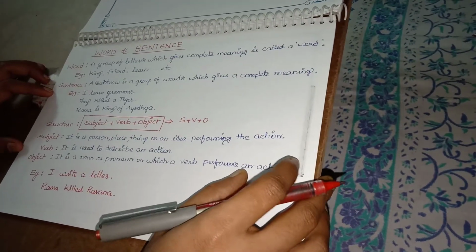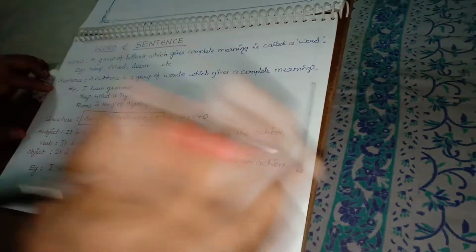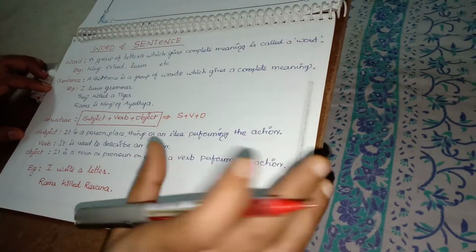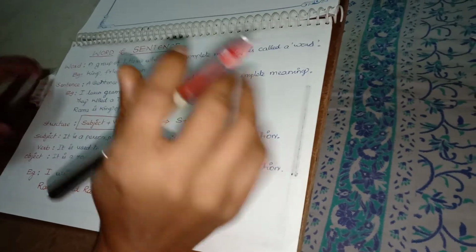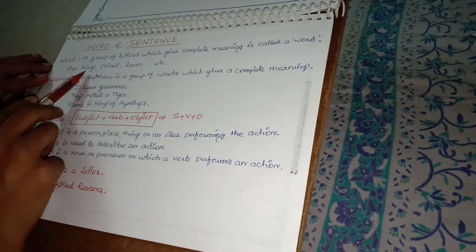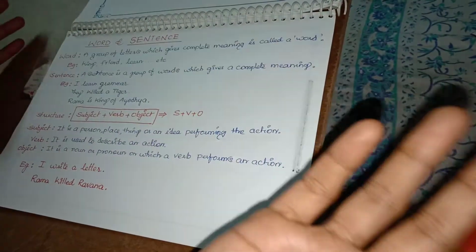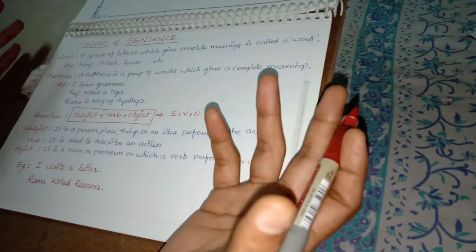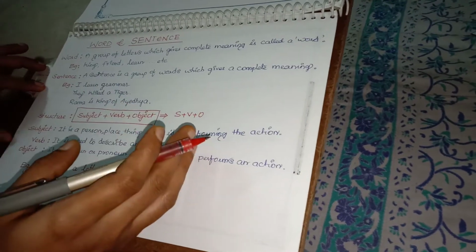So many words we learn after starting to learn English. Those words are combinations of letters that give a complete meaning. For example: king, friend, learn. Whatever letters you learn, A for apple, B for ball, cat, all the words are groups of letters that give a particular meaning.